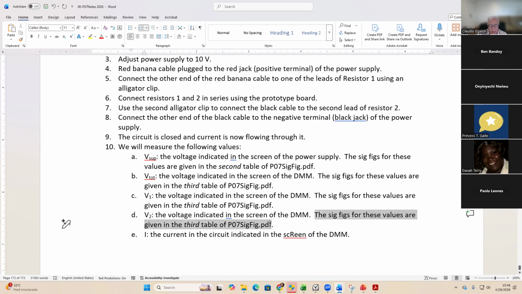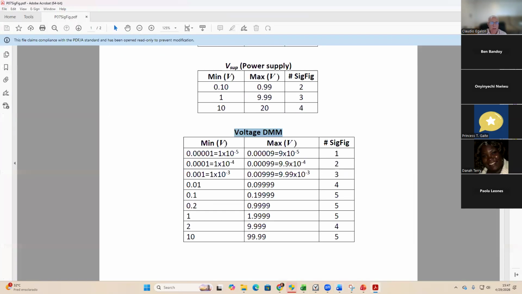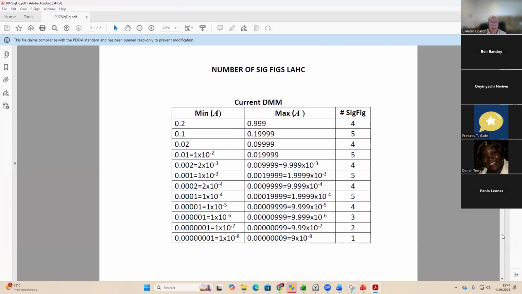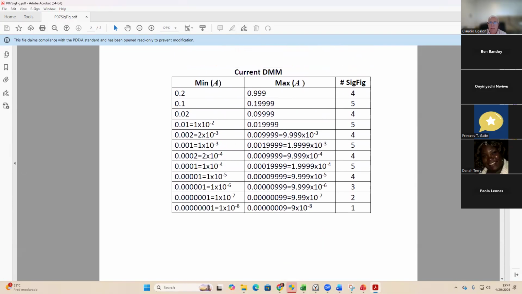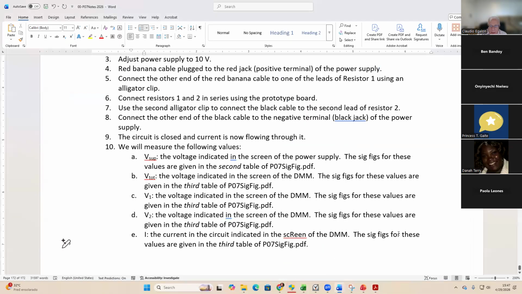The sig figs for this value are given in the fourth table of P07 sigfig.pdf. Everybody's following? Okay.